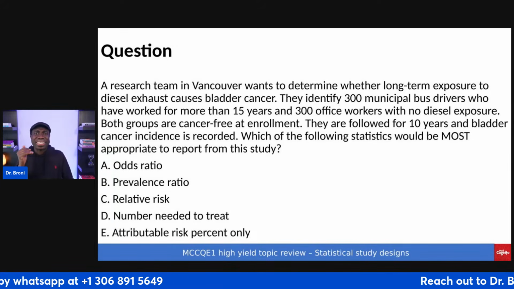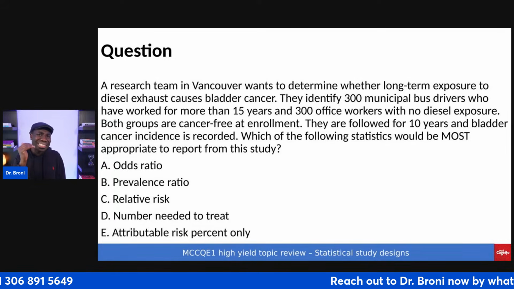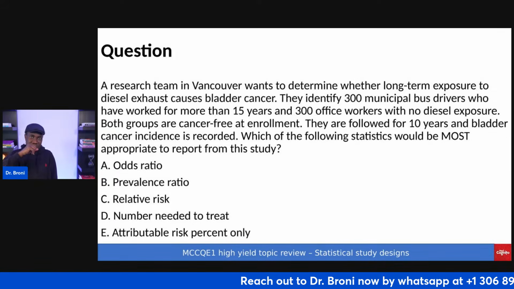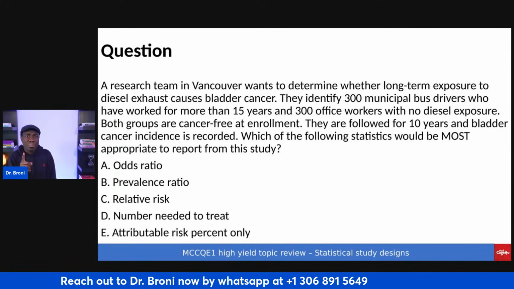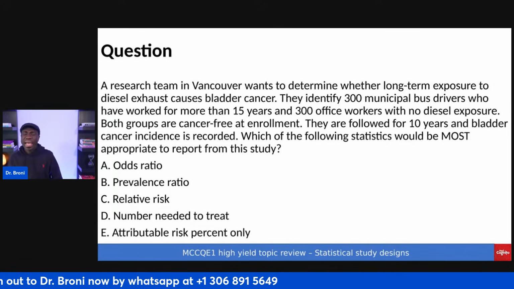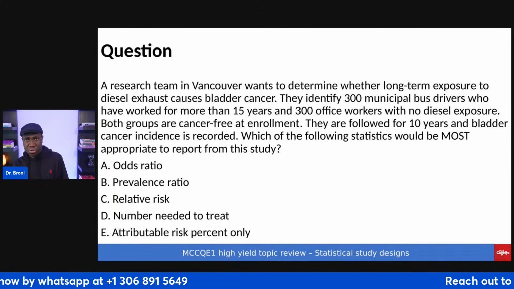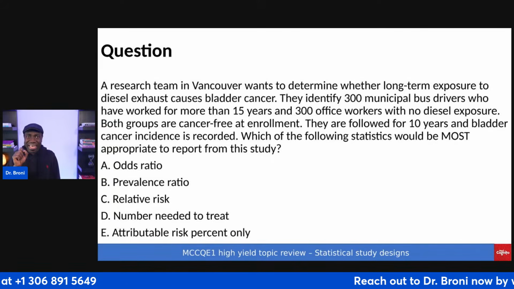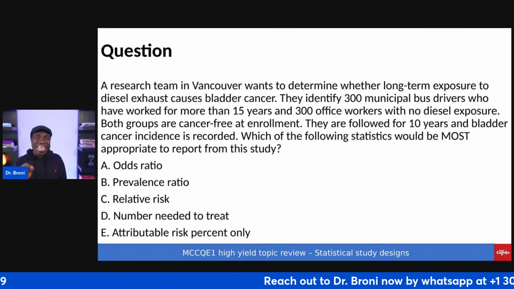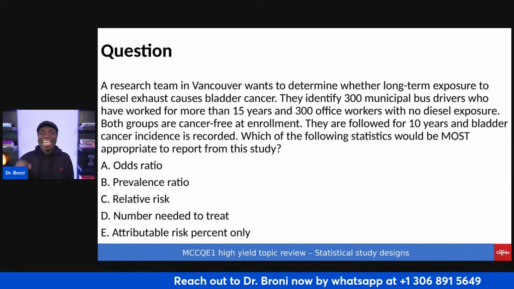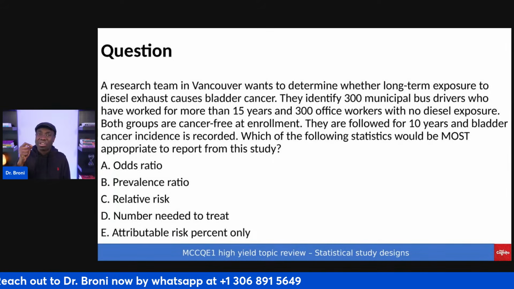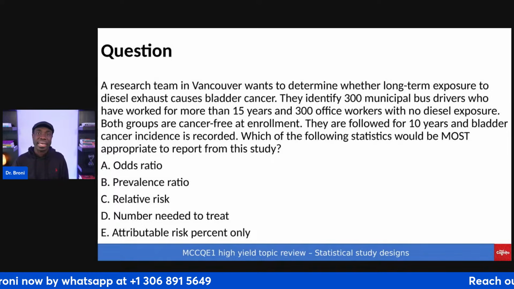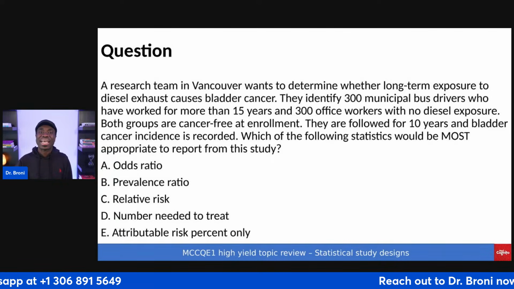They are followed for 10 years and bladder cancer incidence is recorded. Which of the following statistics would be most appropriate to report from this study? A, odds ratio. B, prevalence ratio. C, relative risk. D, number needed to treat. And E, attributable risk percent only. What is the correct answer?